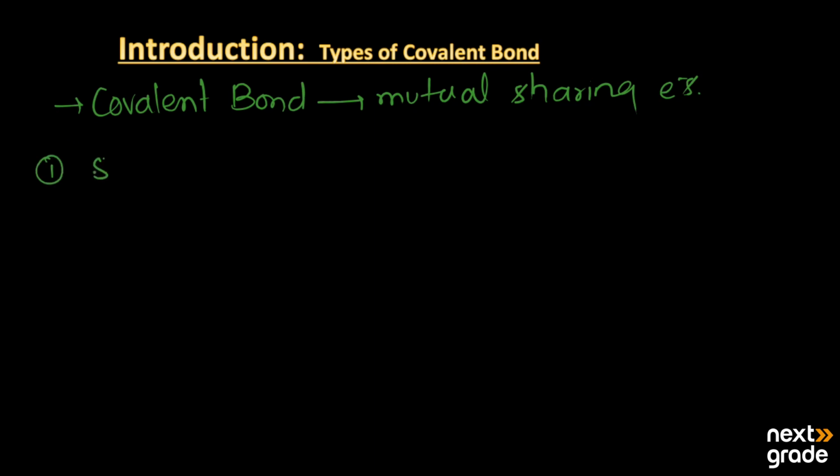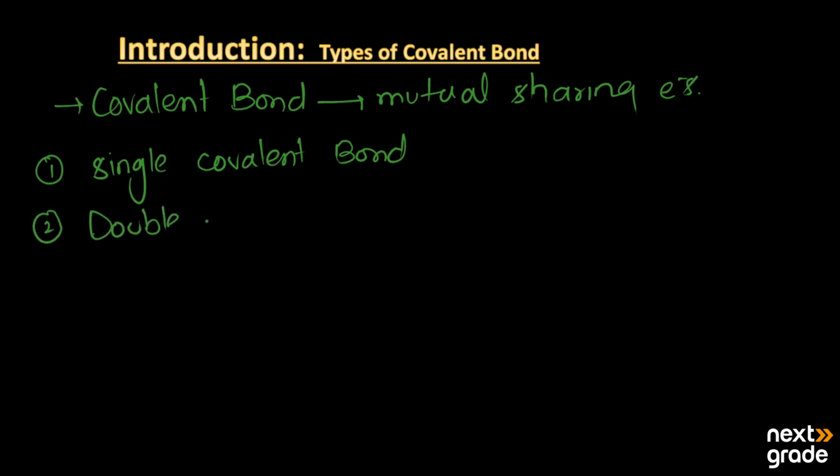Number one, we have the single covalent bond. The second type is the double covalent bond. And the third type is the triple covalent bond. So these are mainly the three types of covalent bond: single, double, and triple covalent bond.